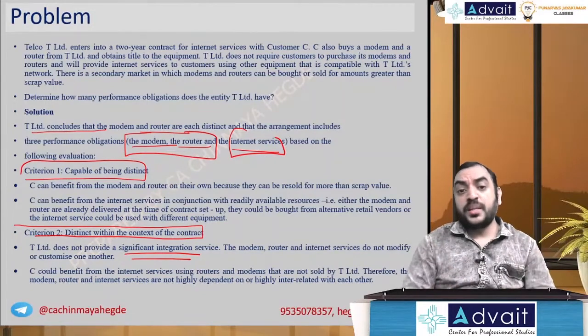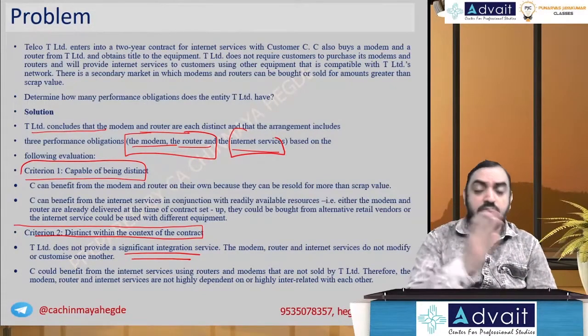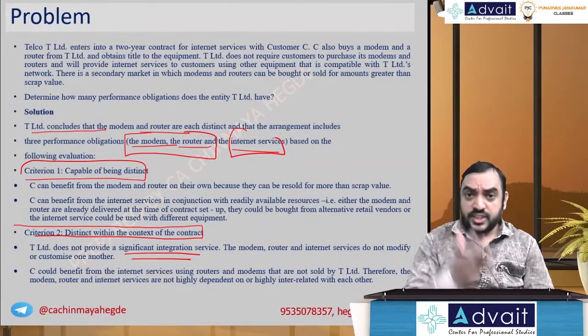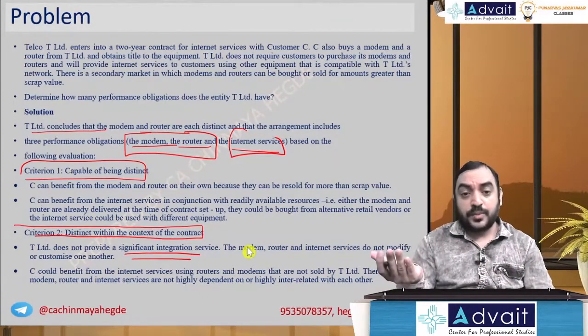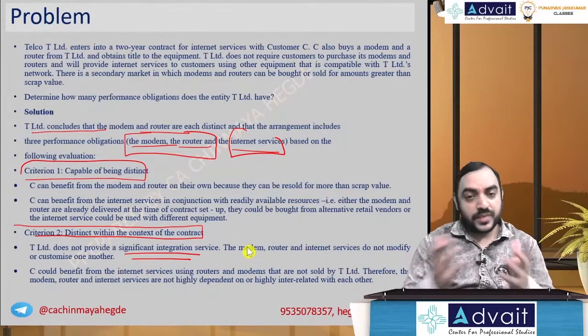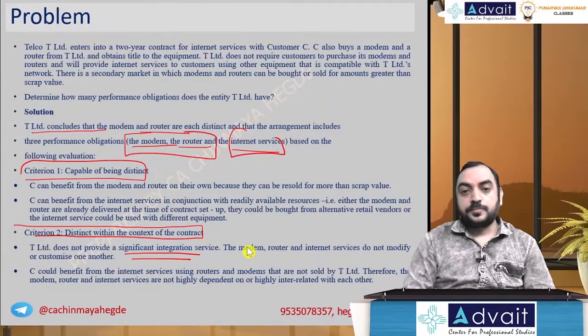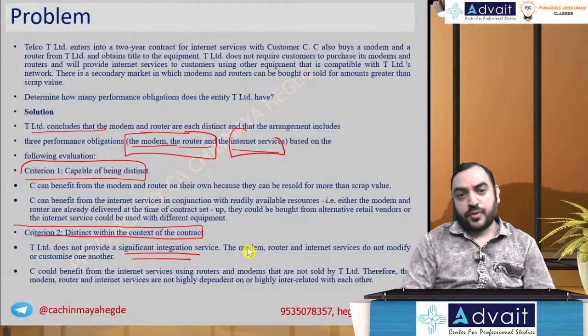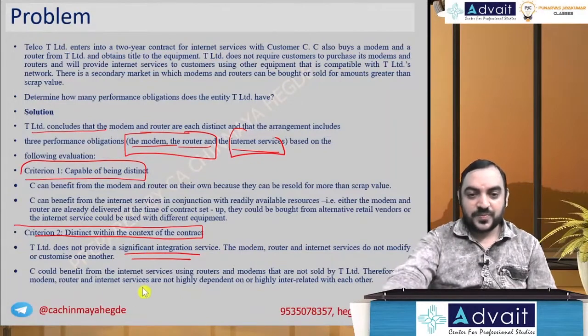They cannot be used independently, which means they are part of a single performance obligation. But here, the modem and routers can be used separately and not only from this company's products, and therefore you can say that these are all distinct performance obligations. Let's move on.